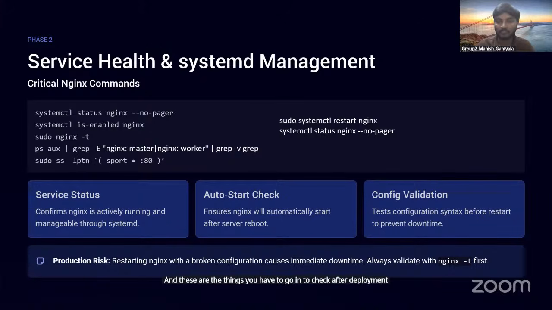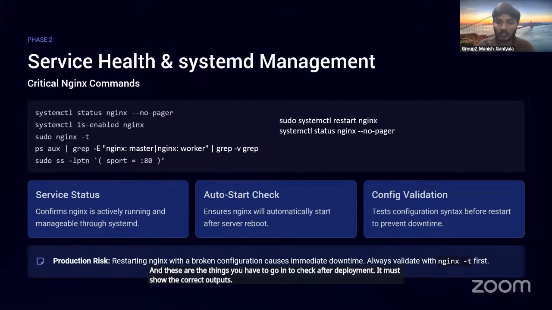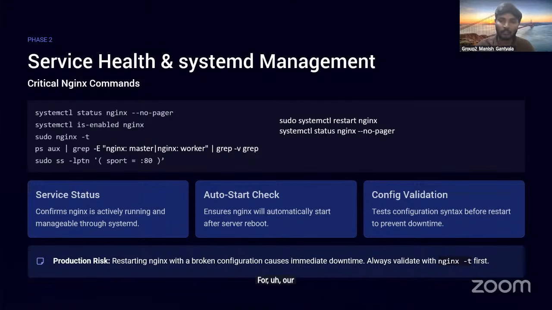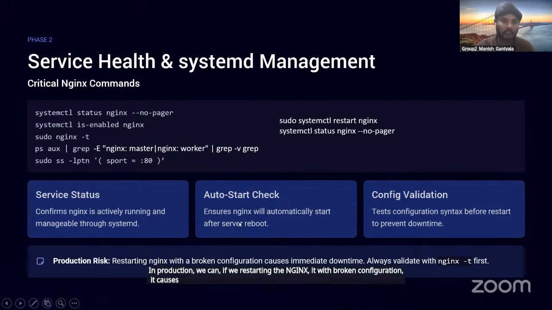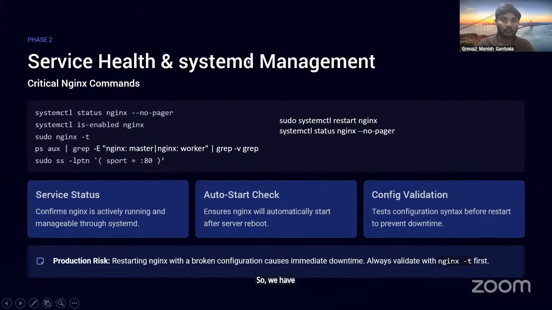It must show the correct outputs for our deployment, so it won't get into downtime. In production, if we restart Nginx with a broken configuration, it causes immediate downtime. There is a chance the instance goes down. So we have to run these types of health commands to validate Nginx.